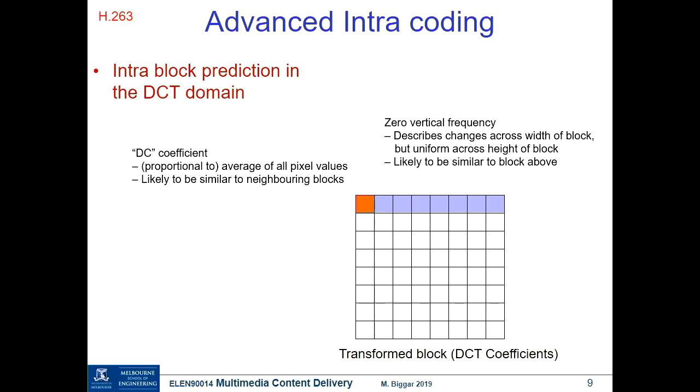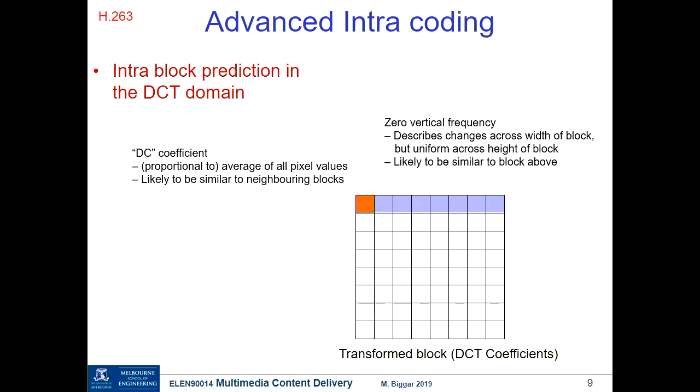If there was zero vertical frequency in one macroblock, then it's also likely to be zero vertical frequency in an adjacent block because it's not changing very much.